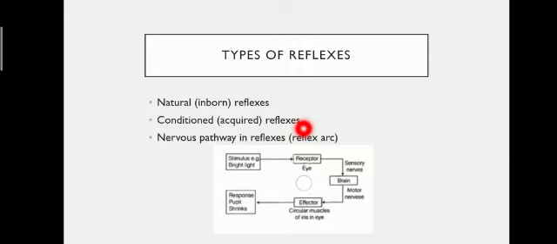But if I ask an adult to tie a shoelace, the person immediately ties it, even while talking or doing different activities. Simultaneously he can do both works. This is a type of conditioned reflex, in which the individual learns during his or her lifetime. So there are two types of reflexes, natural and conditioned reflexes.